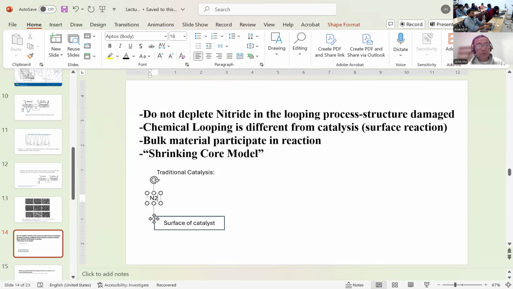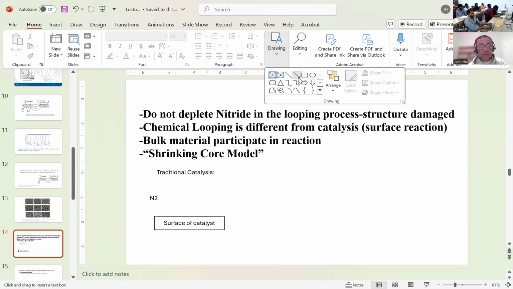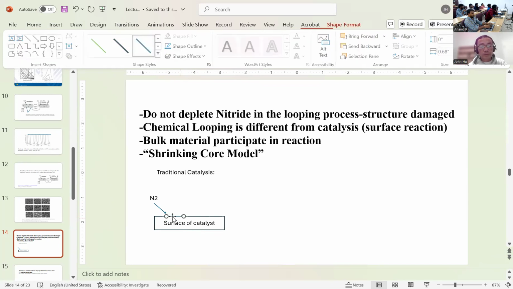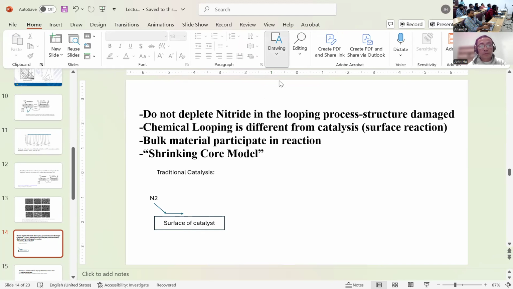You have N2. The traditional catalysis means you have diffusion.